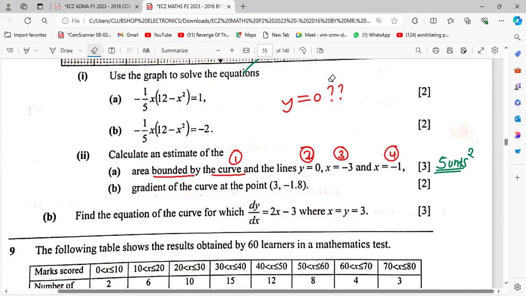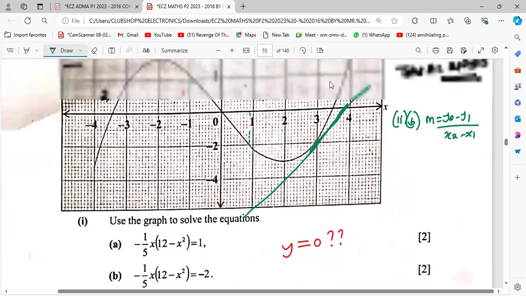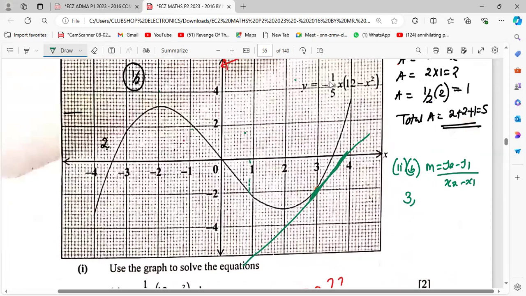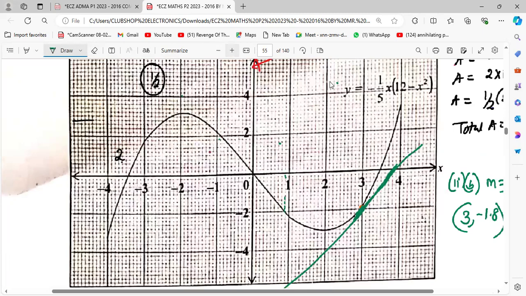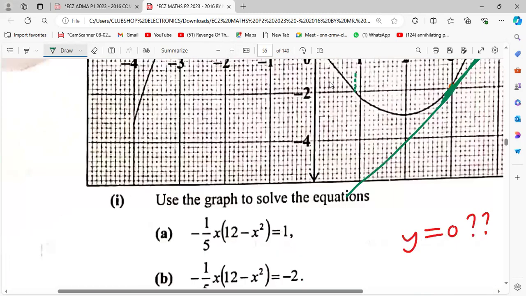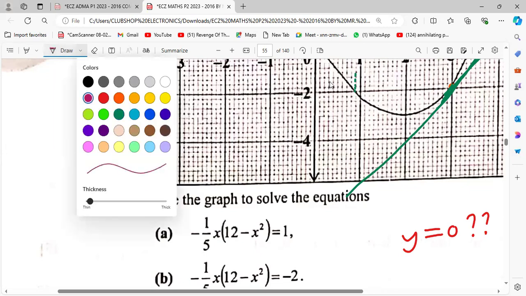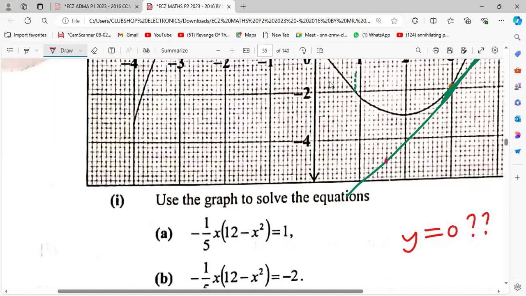One of the points is the one that we have been given here, 3, negative 1.8. Then you must pick another point on the line, as long as that point is very clear to you. I'll say this point here. I've just chosen that one because that's what I wanted. I can find any other.